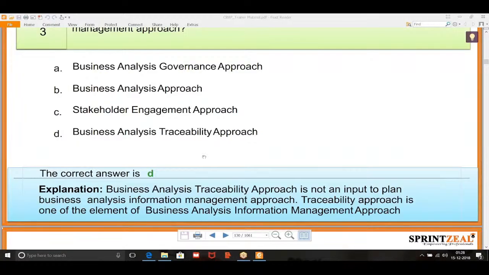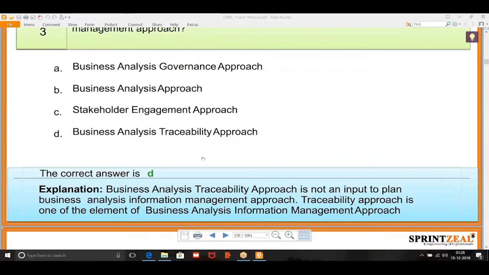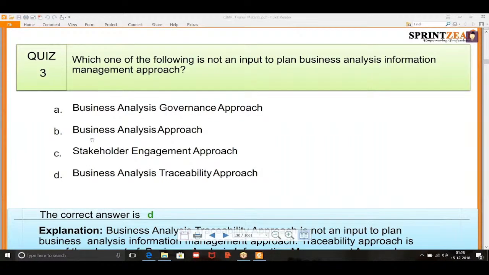I thought the traceability one was definitely part of it. Traceability is actually a part of the requirements management cycle, where you are managing the requirements. In order to plan for BA information management, we are planning.